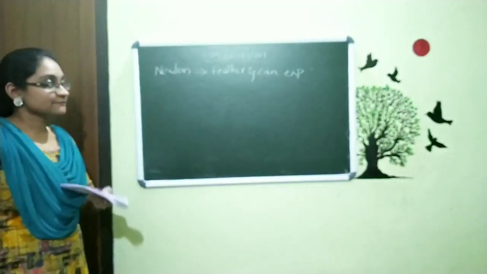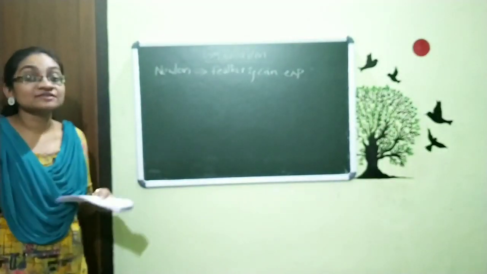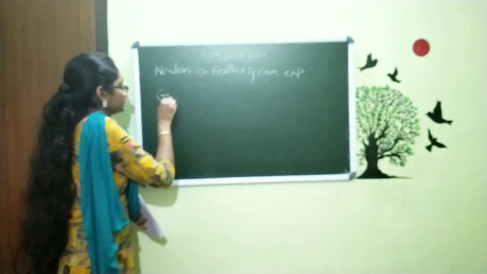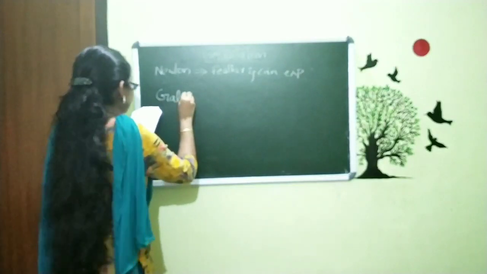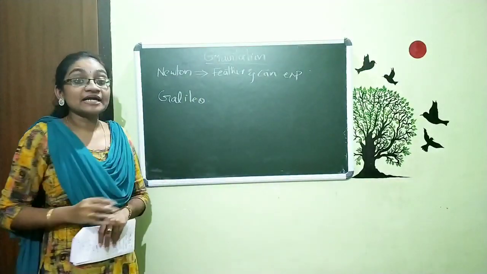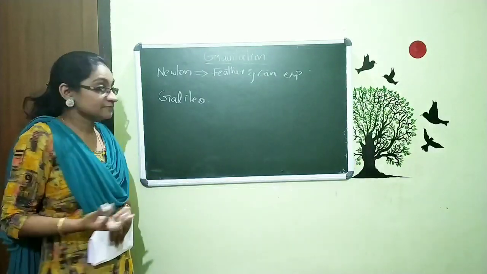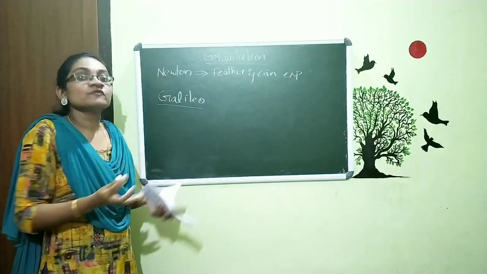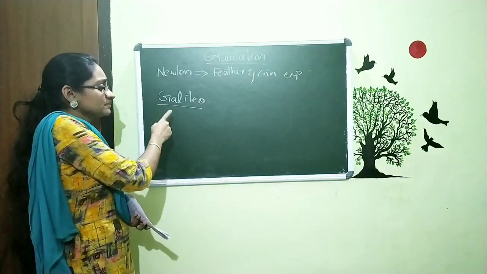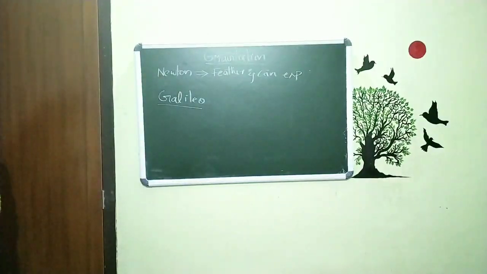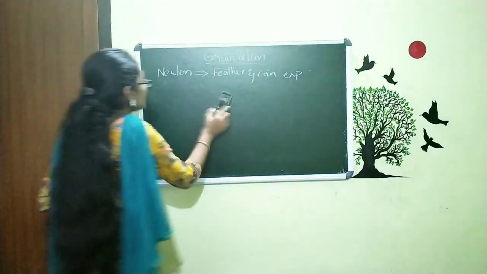The concept was first argued by the scientist Galileo, but the problem was that he was unable to create a vacuum. That means Galileo was unable to create a system without air at his time with the setup. But later, Newton made such a setup without air and conducted this experiment.